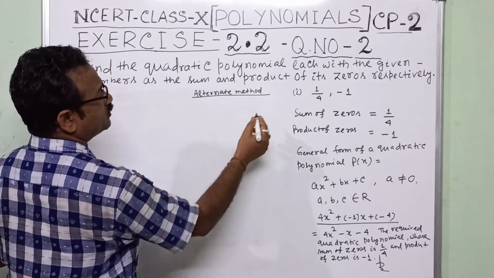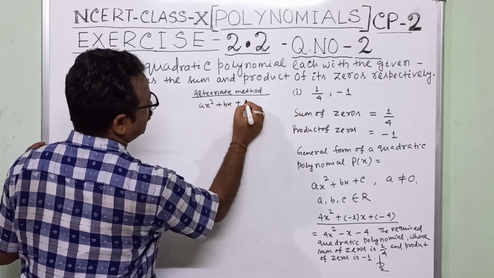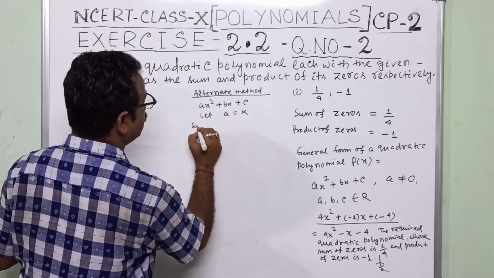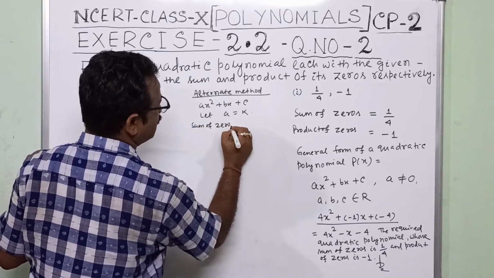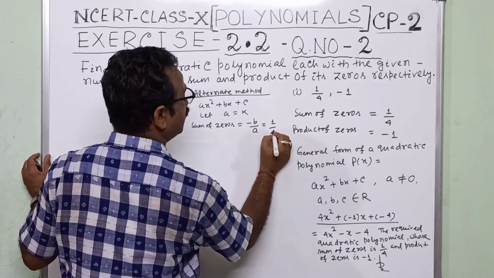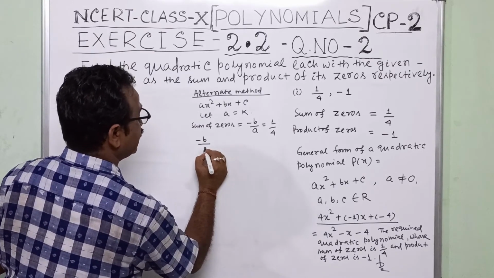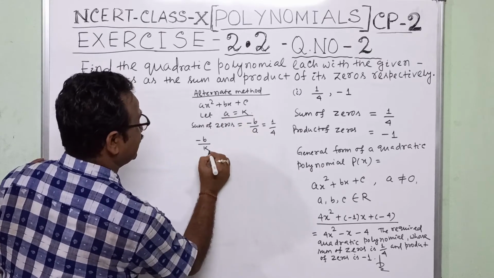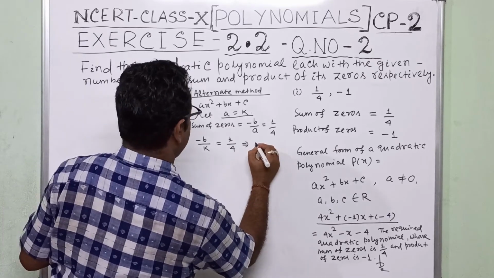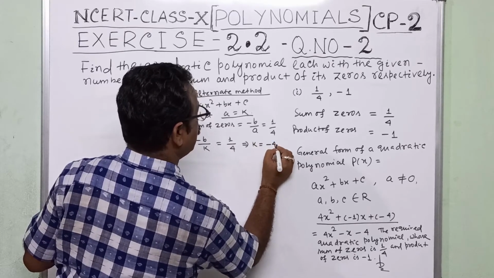So we know that sum of zeros. Now our general form is ax square plus bx plus c. Let a is equal to k. So we know sum of zeros is equal to minus b by a is equal to 1 by 4. Okay. So minus b by k, the value of a is k, is equal to 1 by 4. That implies k is equal to minus 4b.